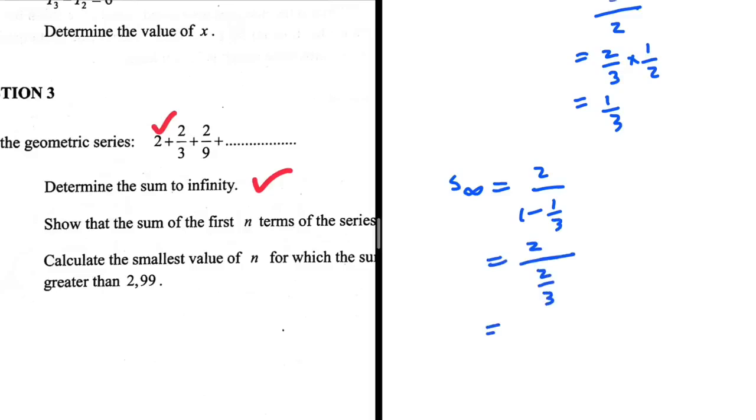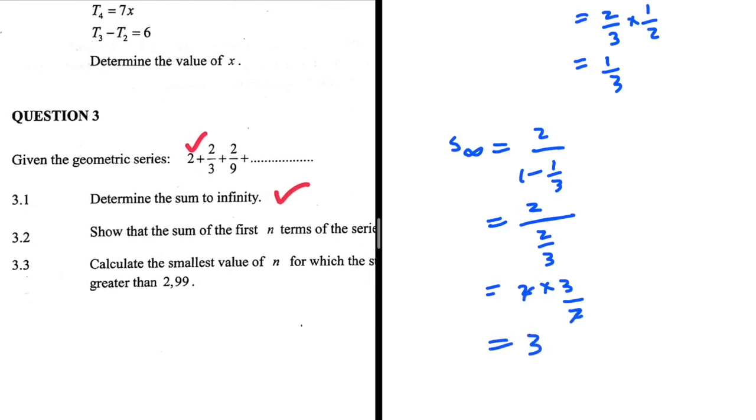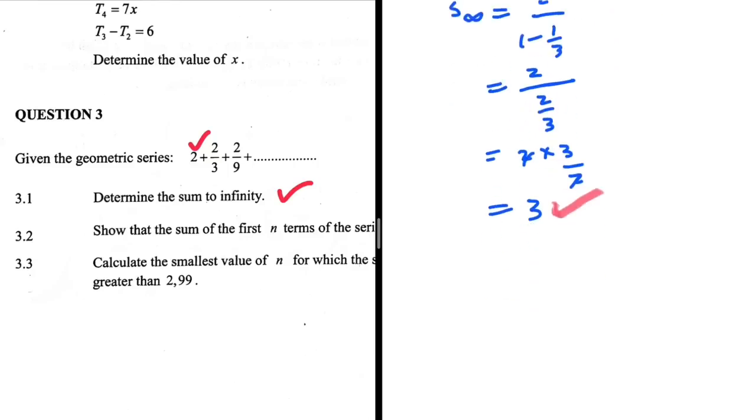So this will be equal to 2 multiplied by 3 over 2. 2 and 2 cancel out. The sum to infinity is 3. That is 3.1. We have the value of a given to us. We just had to determine r and substitute in the formula and get the sum to infinity, which is equal to 3. What about 3.2?